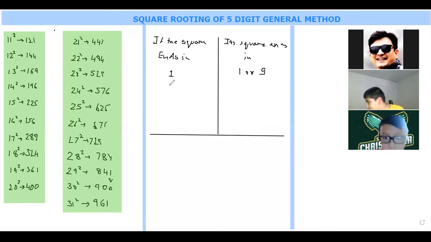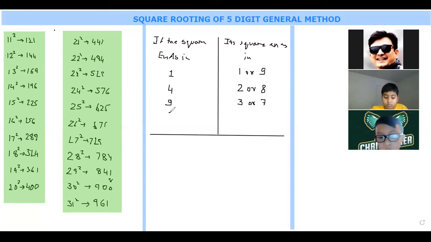If the square ends in 4, its square root will end in 2 or 8. If the square ends in 9, its square root will end in 3 or 7.